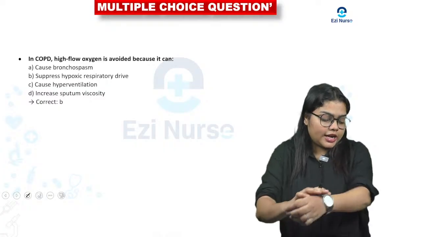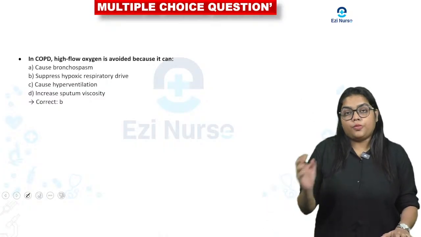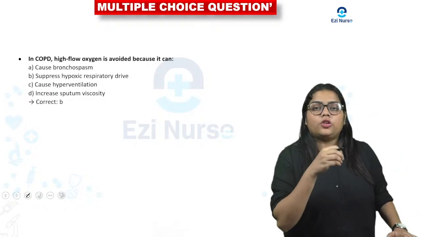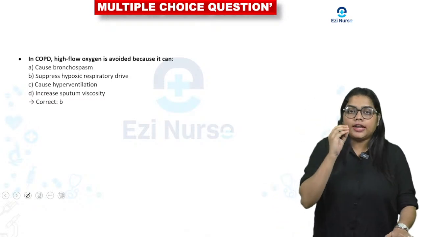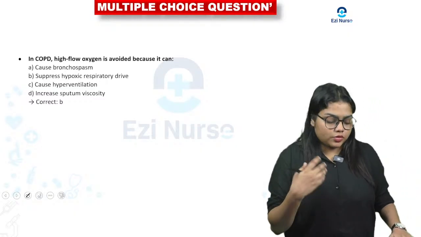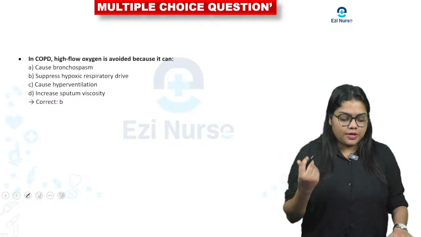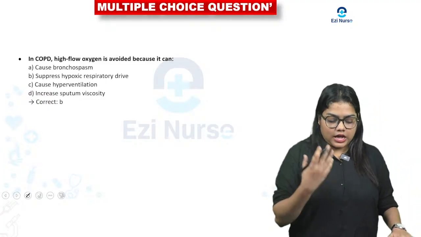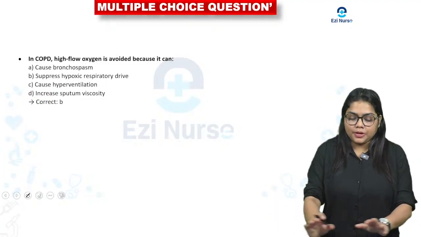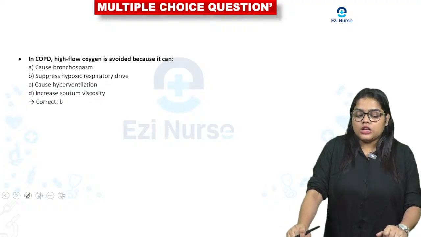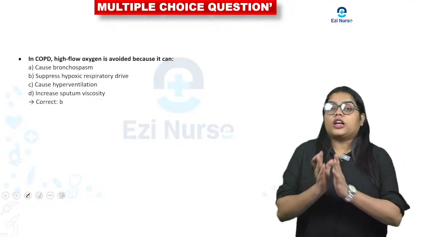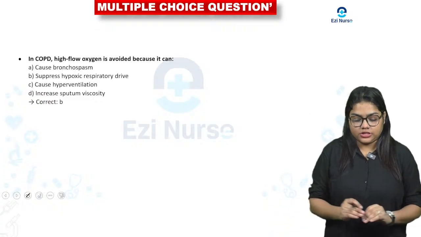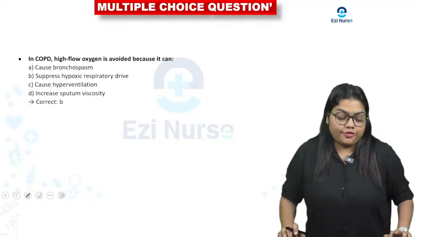The options are: it causes bronchospasm, because the bronchioles have already narrowed down; second, it suppresses the hypoxic respiratory drive; third, it causes hyperventilation; and fourth, it increases sputum viscosity. The correct answer is option B, it suppresses the hypoxic respiratory drive.